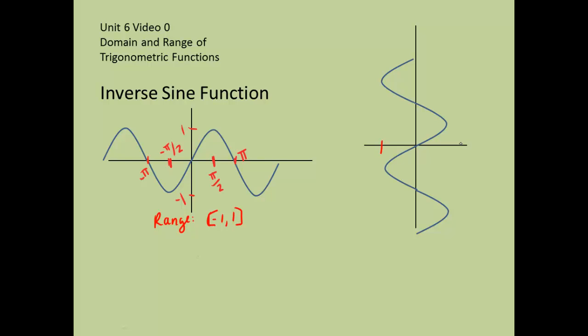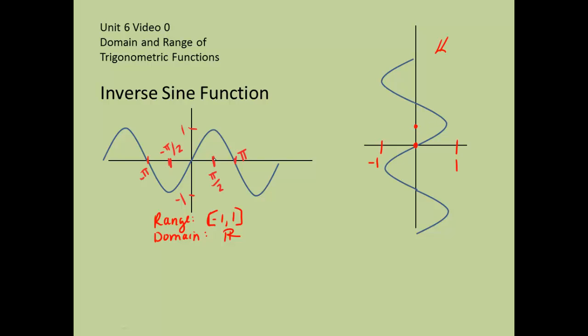And that then becomes my domain. So my x values are now -1 to +1. Whereas my domain, which was all real numbers, has been switched, where this vertically is now on the inverse graph all real numbers.